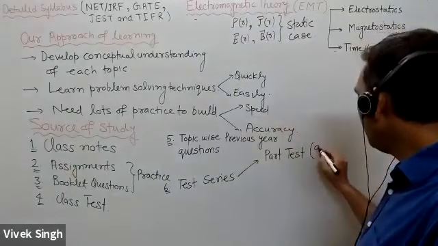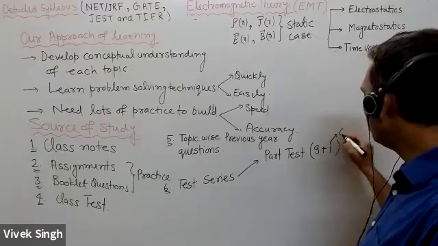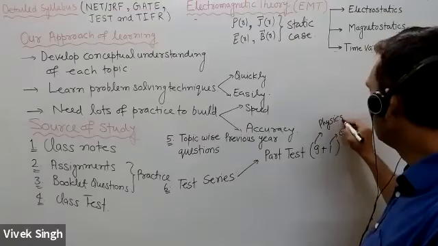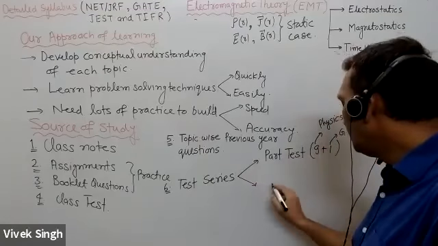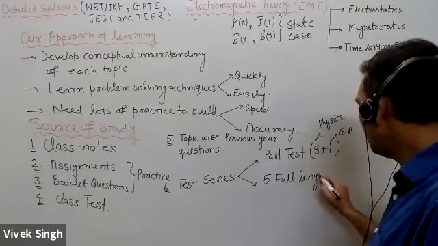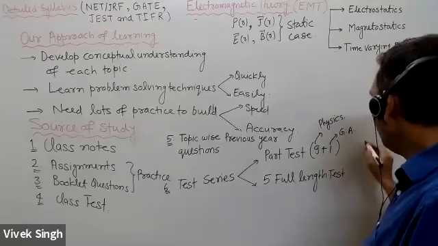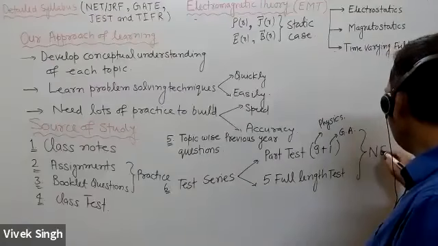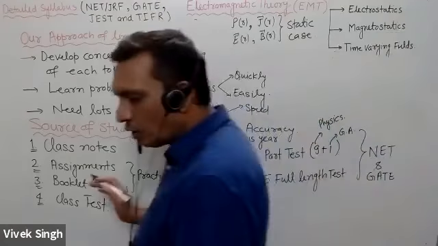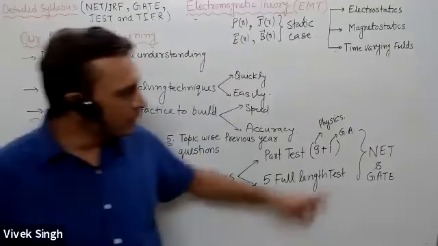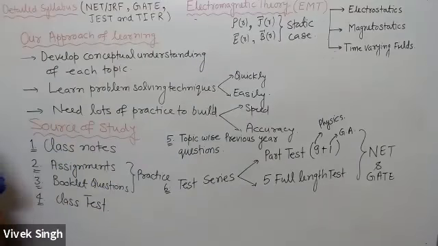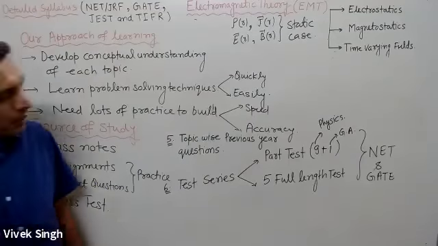This 1 is for general aptitude and 9 topics for physics. And you will get 5 full length tests. We will provide this for NET and GATE exam. We will provide you solution for other exam also. For test series, you can join NET and GATE. Is it clear?